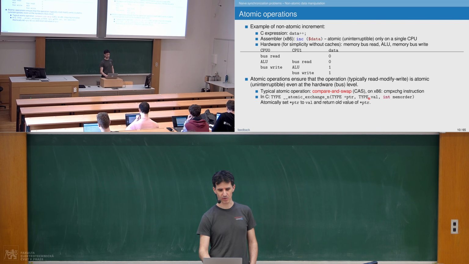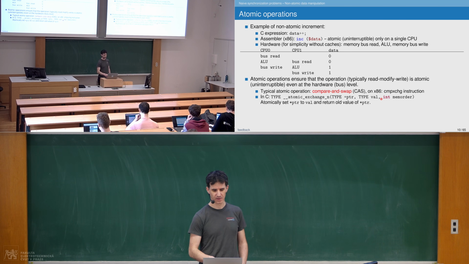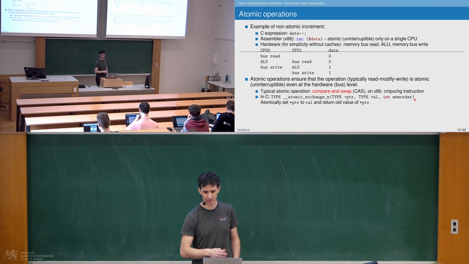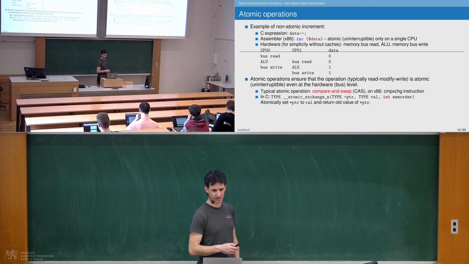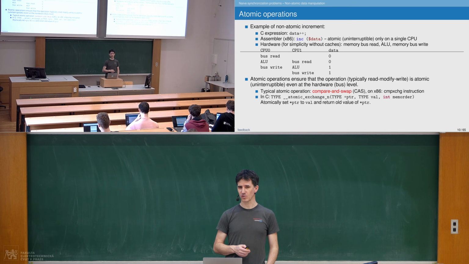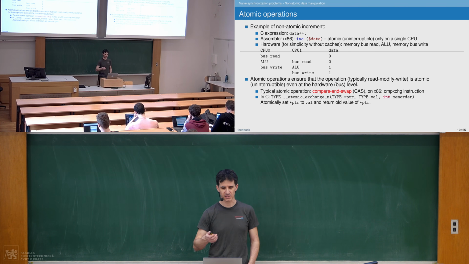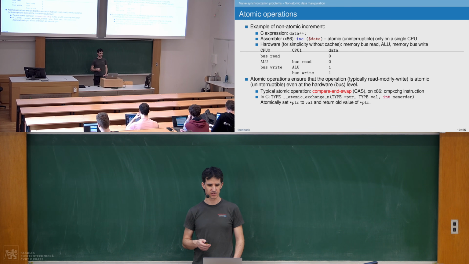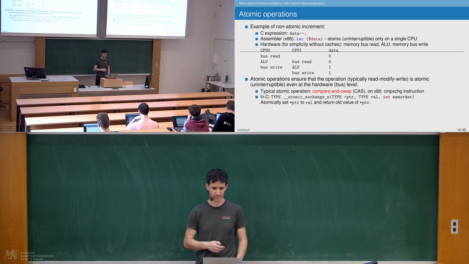You specify the pointer, the value for comparison, and some value which I will talk about later. And this will force the compiler to generate this atomic compare and exchange, or compare and swap instruction.